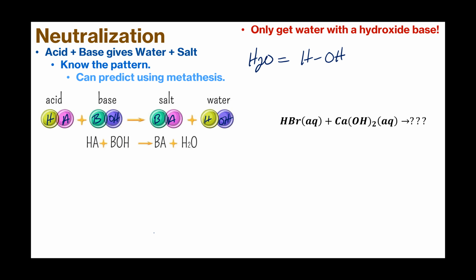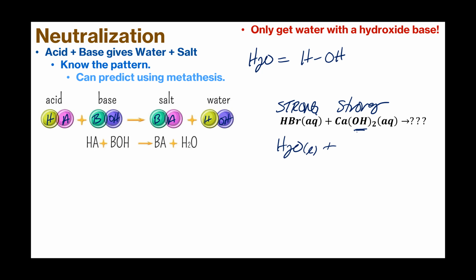All right, so let's predict this. We're going to take HBr, which is a strong acid, and calcium hydroxide, a strong base, and we're going to predict the products. Do we have hydroxide? Yes, so we're going to get water, and that water is liquid.